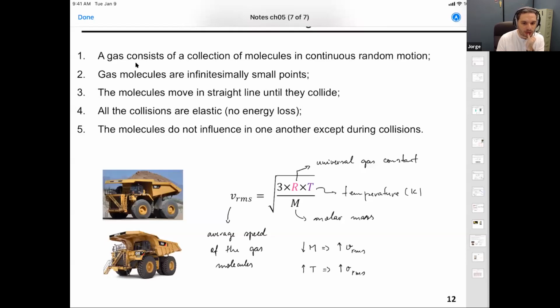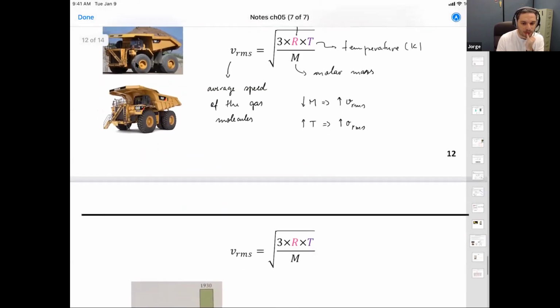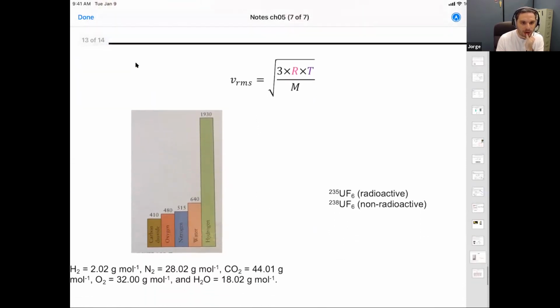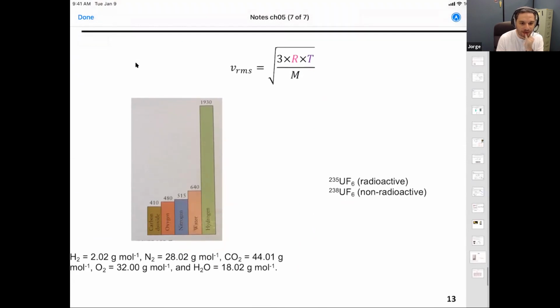Okay, so let's move on. Okay, so that's the kind of thing that we need to understand and rationalize, why we are observing this behavior. Let's take five different gases.